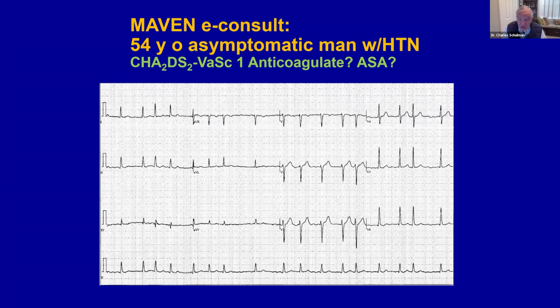And the answer is no. Just with mechanical valves, for sure, it's Coumadin. The DOACs were tried with mechanical valves and found not to be effective. So with a mechanical valve, it's always Coumadin. With a tissue valve, it doesn't need to be. But this lady had severe mitral stenosis, and based on that history, we used Coumadin.